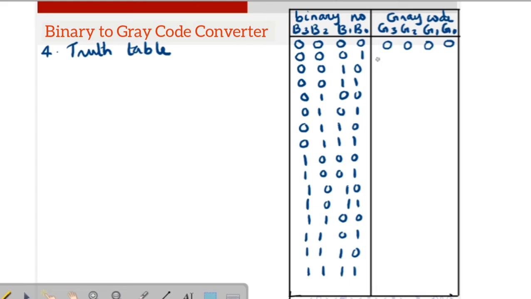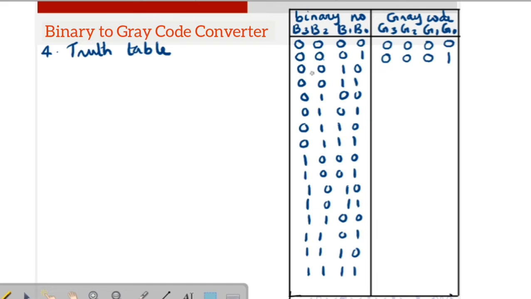So for second one, it is 0001, G3 is same as B3, then G2 is equal to, consider B3 and B2, both are same, so 0. Then for G1, consider B2 and B1, both are same, 0. Then for G0, consider B1 and B0, it is different, so 1, right?